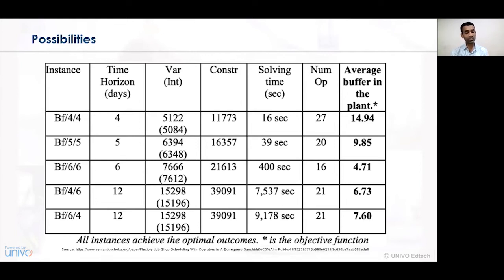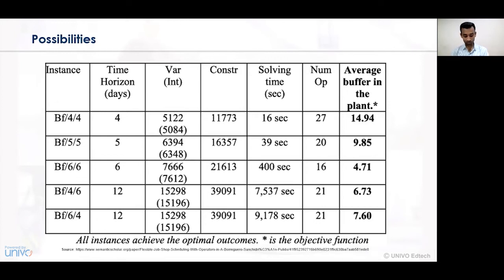The standard variation for 4 by 6 is 15196, and the actual calculation is 15298. So it's an increasing scenario. And lastly, for the buffer zone 6 by 4, the standard variation was 15196, and the actual variation observed is 15298.